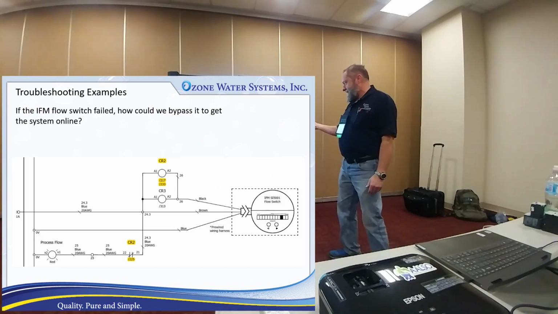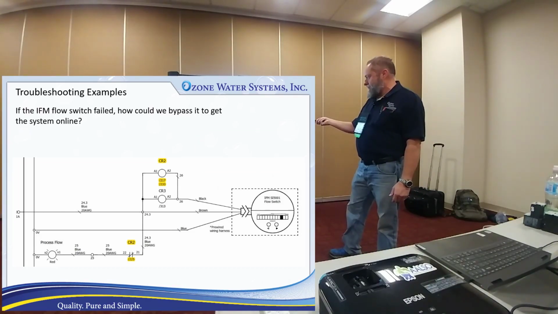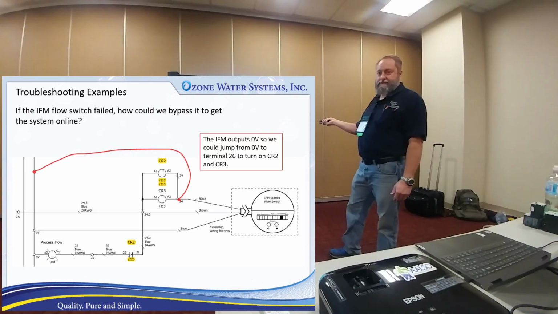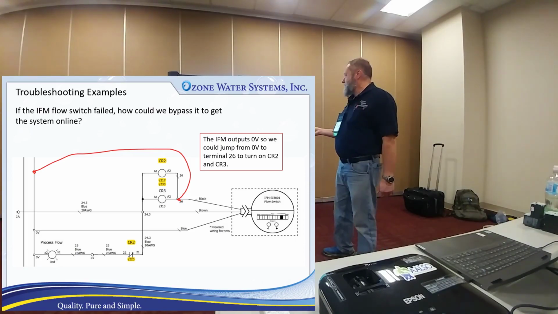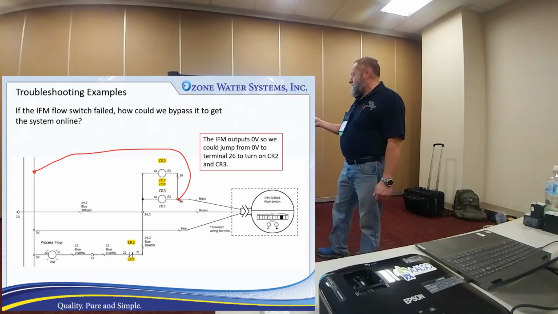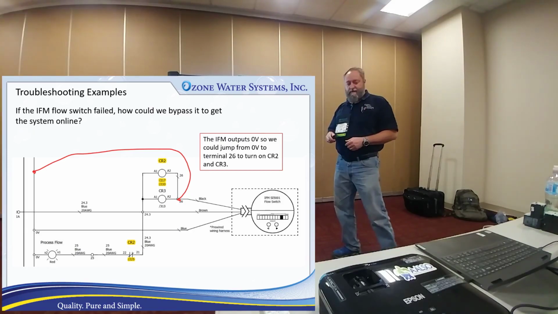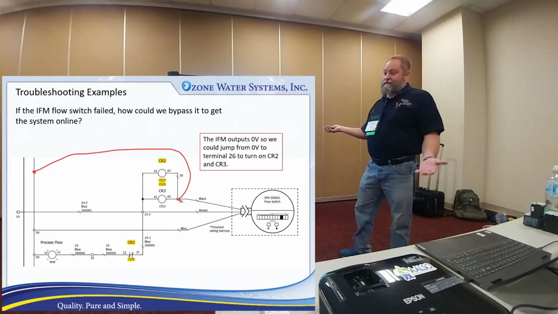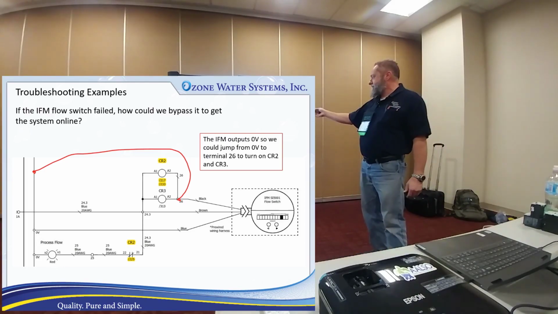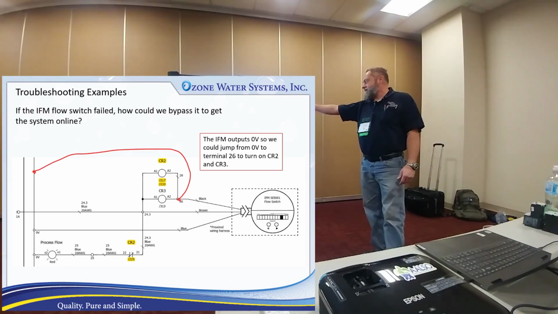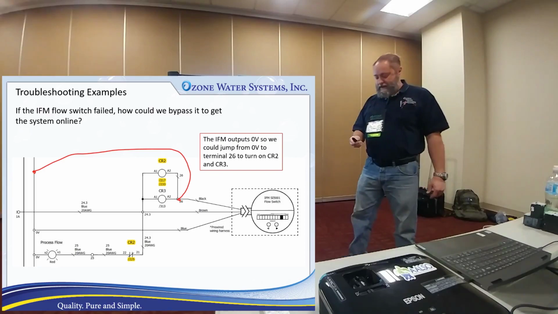So this puts out a negative signal because it's hooked up to A2. If I just jump from 0 volts over to that terminal, I'm going to turn on CR2 and CR3. It isn't going to care what this is doing anymore. So I've just simulated what that switch is supposed to do. That's going to turn on the system, and then it's all going to come to life after that. So that's one example, and that's a real-world thing you might have to actually do. But knowing how to figure out what that switch does and how to find it in the schematic is important.